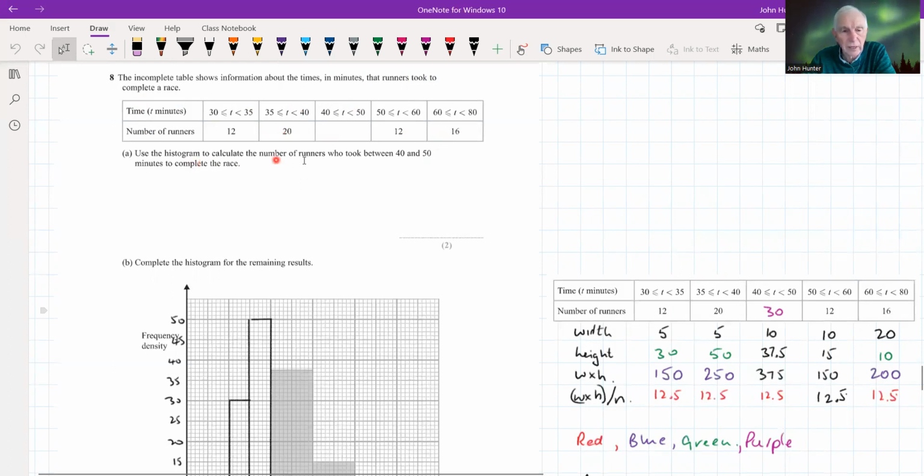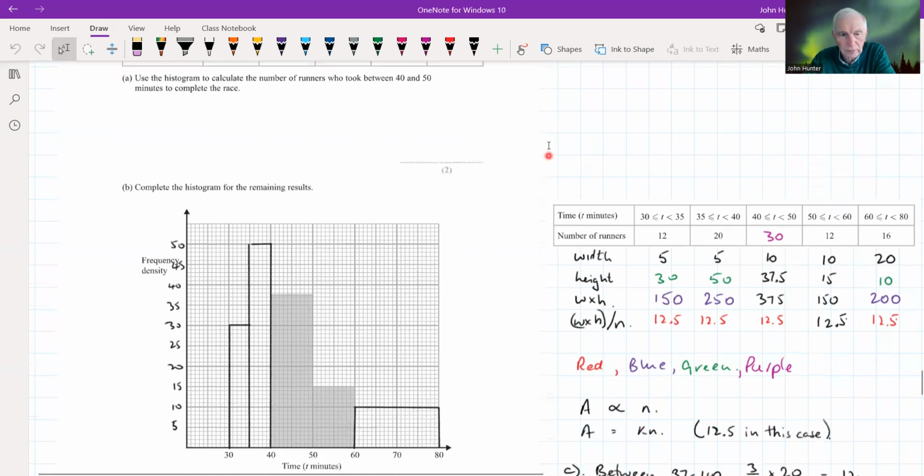Use the histogram to calculate the number of runners who took between 40 and 50 minutes to complete the race. Okay, well, we can work that out. And then it says complete the histogram for the remaining results.